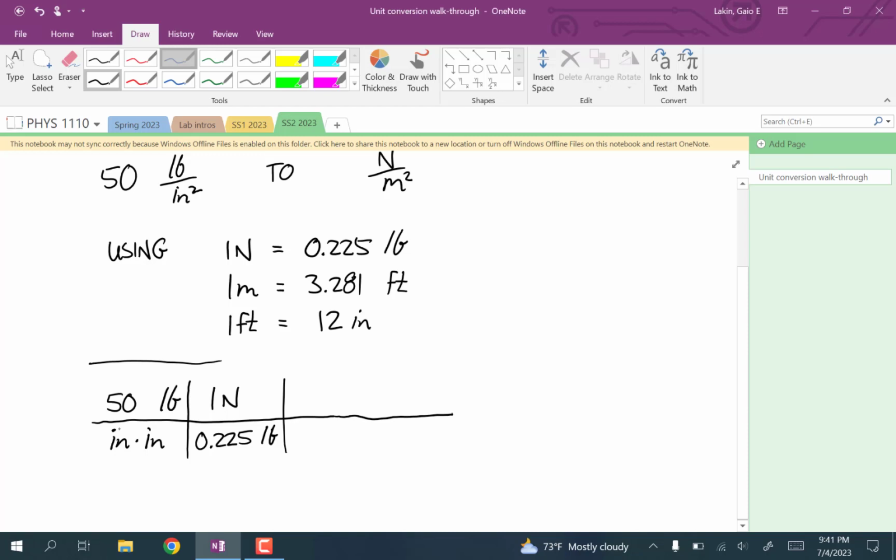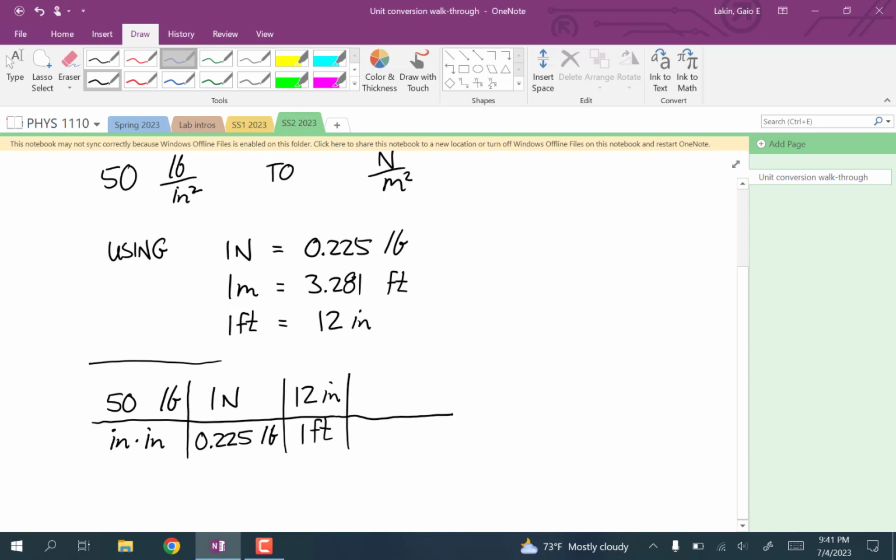Okay, so I'm going to go inches to feet. Again, that's going to be 1 foot over 12 inches or 12 inches over 1 foot. We want to cancel these inches that are in the denominator, so I'm going to write that as 12 inches over 1 foot. And now we want to convert feet to meters.